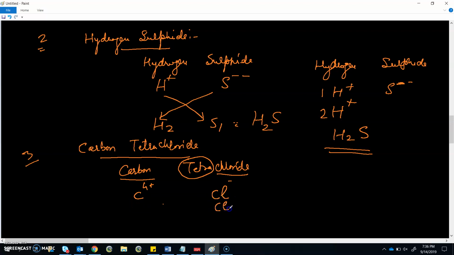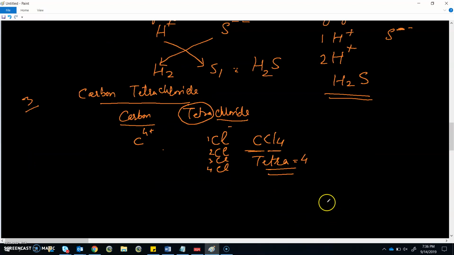We will take chlorine, chlorine, chlorine, that means 1, 2, 3, 4. So formula is CCl4. Because 1 carbon combines with 4 chloride, so the name is carbon tetra, because tetra is used for 4. This is the formula of carbon tetrachloride.